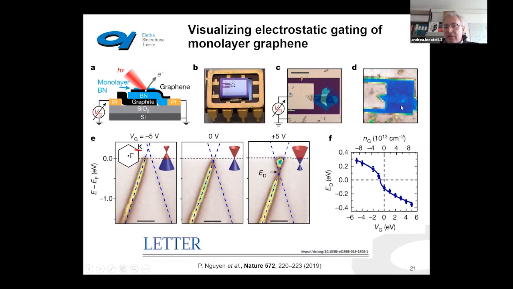And then here in D, you see a microscopy image, which actually shows the silicon oxide in blue. And as you apply gating voltage to the device, you basically inject charge. And so you're basically shifting.